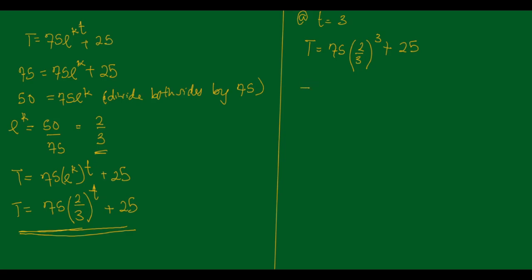So we have T to be equal to 75 multiplied by 8 divided by 27 plus 25. So T now becomes 47.222 degrees Celsius. So this gives the temperature of the body at the end of 3 minutes.